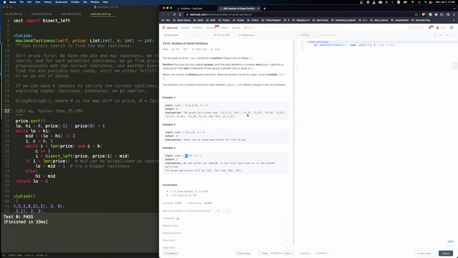Then I can say, okay, how about I include the first position, I can include 1. Yeah, so basically we're gonna do 2 partitions, right? So all the partitions that contain 1. And then the second position.